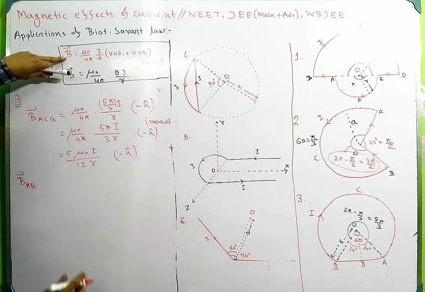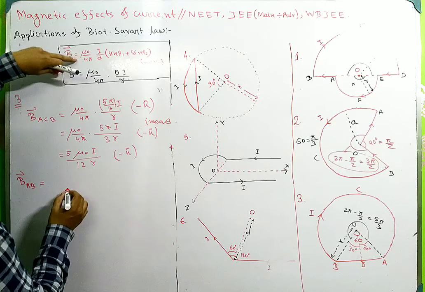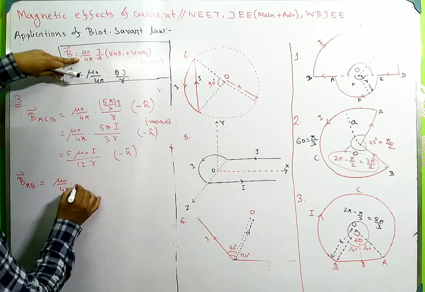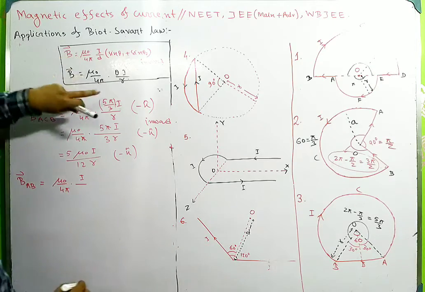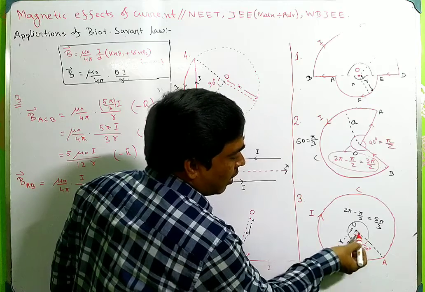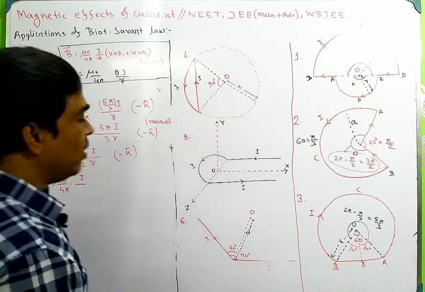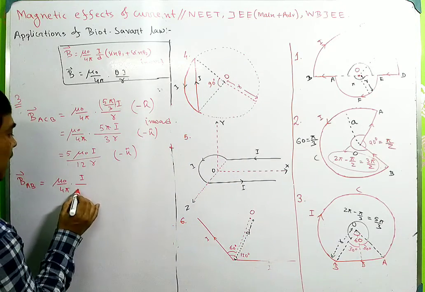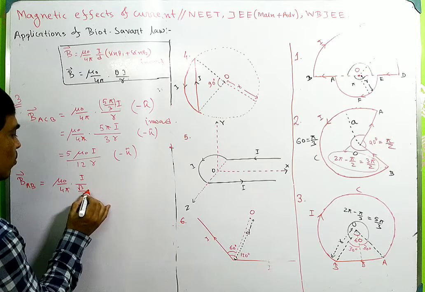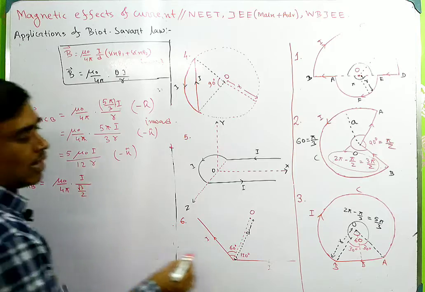AB portion. What will be the magnetic field? Using this formula, mu 0 by 4 pi into I. This is the distance. What will be the distance? OD. This distance can be calculated using the formula for the height of the equilateral triangle, root 3 by 2 into the side of this triangle.